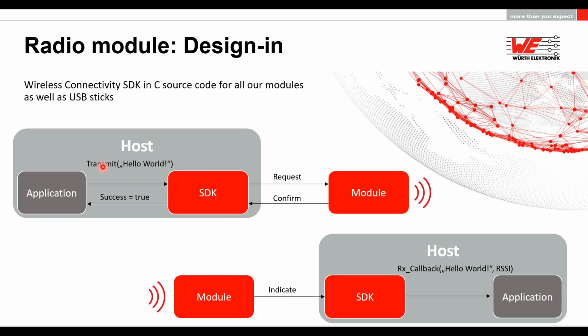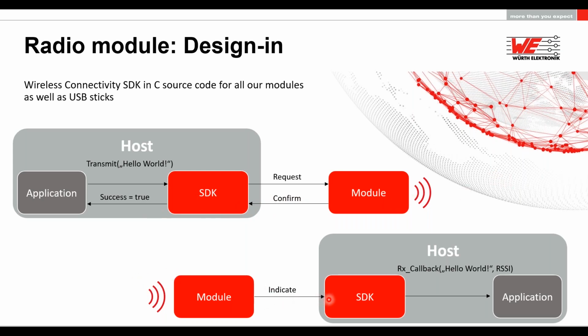The SDK offers API-styled command interface, so you can just send a command, for example, transmit a message. The SDK, on the other hand, communicates with the module in the language which the module understands and returns a confirm message once the data is transmitted out.